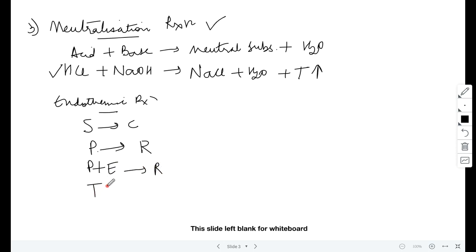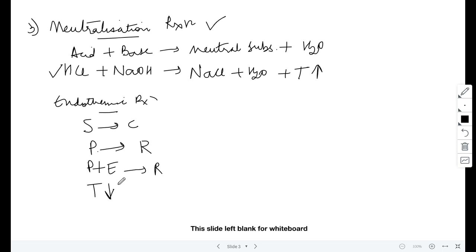The temperature will decrease or increase? The temperature will increase. Really? Not of the surroundings. Yeah, the temperature of the surroundings will decrease. Temperature will only increase when you release energy into the surroundings. That is exothermic.